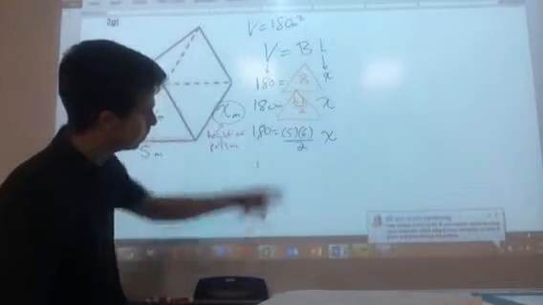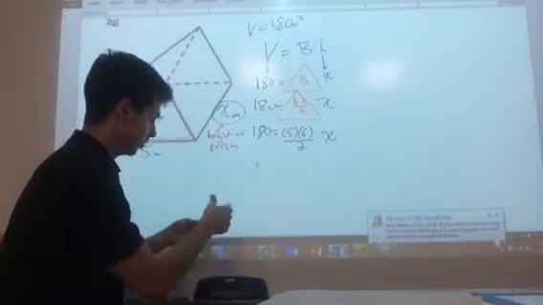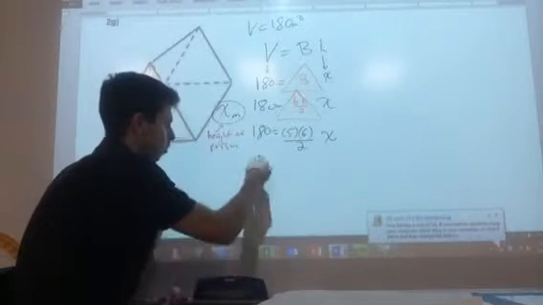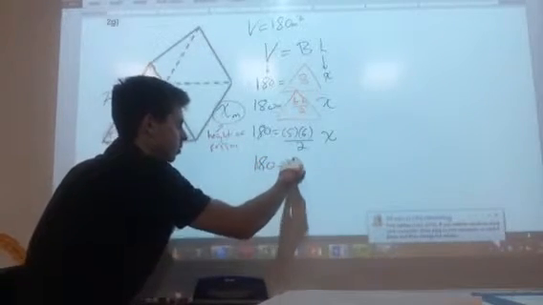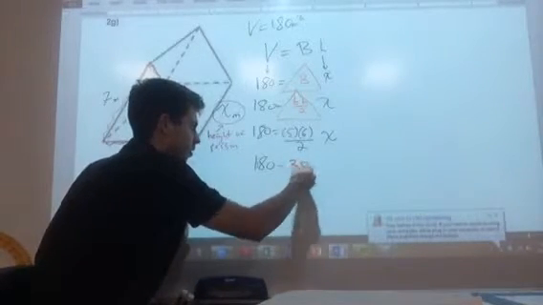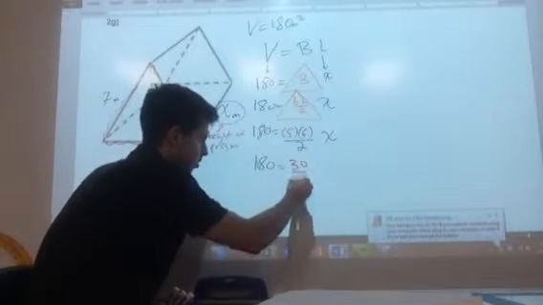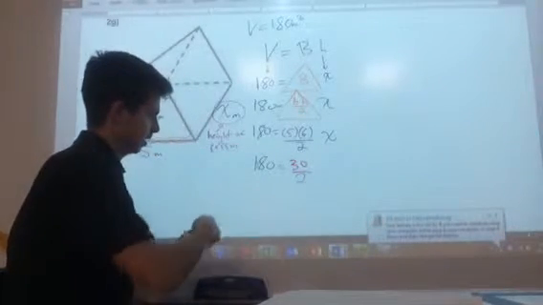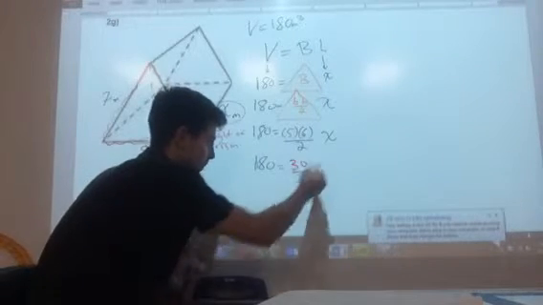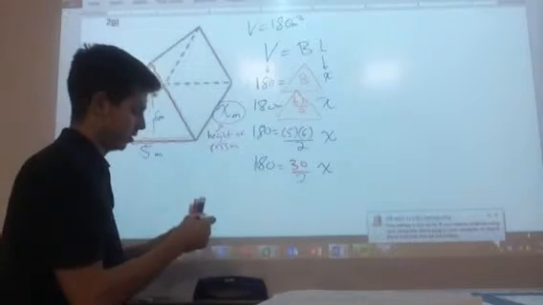Looks a little complicated, but let's just go ahead and multiply and then divide. So this turns into 180 is equal to 30 divided by 2, and don't forget that's multiplying by the x. The big B, the area of the base, times x should equal 180.